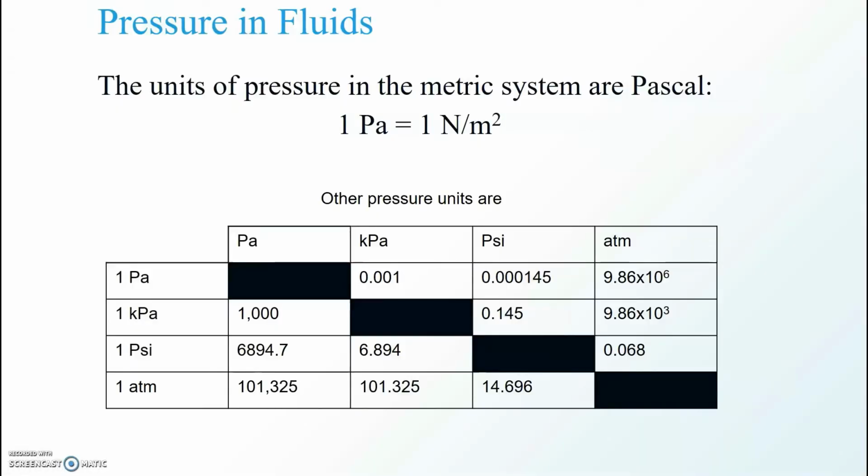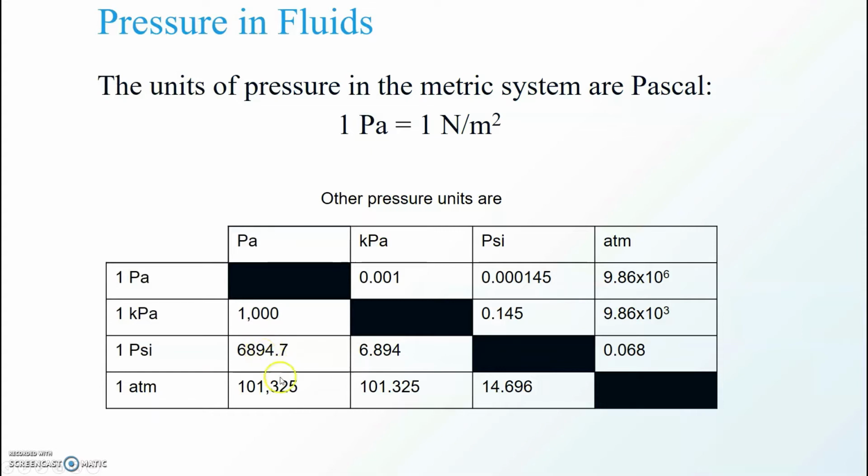So here are some units for pressure and their conversions. If you want to write these down, this would be a good thing to have so that you can easily change from one unit to another quickly. So there are pascals, and kilopascals, which is just 1,000 pascals. There's PSI, pounds per square inch, which is 6,894.7 pascals per PSI.